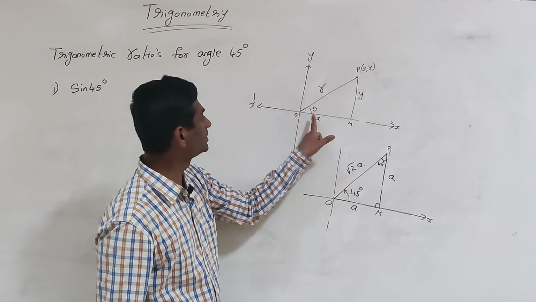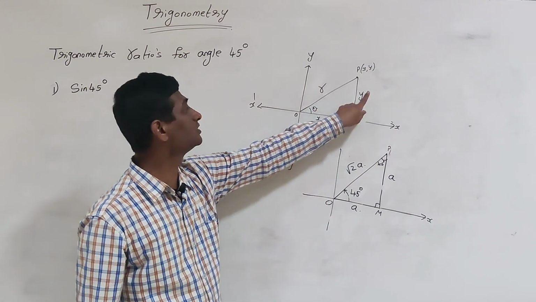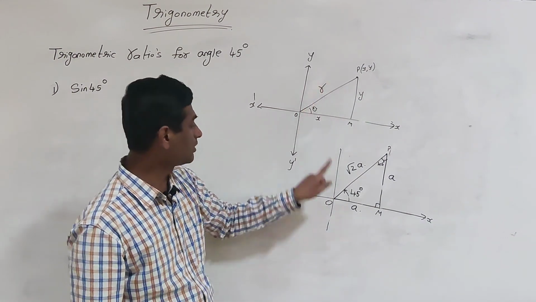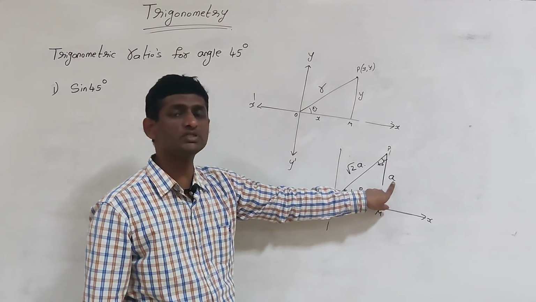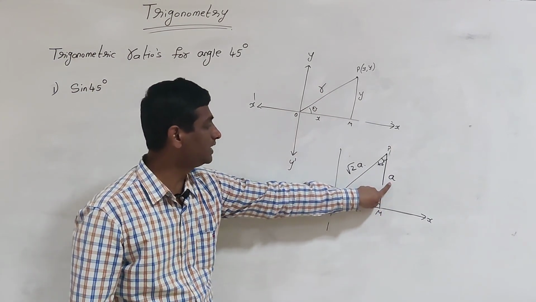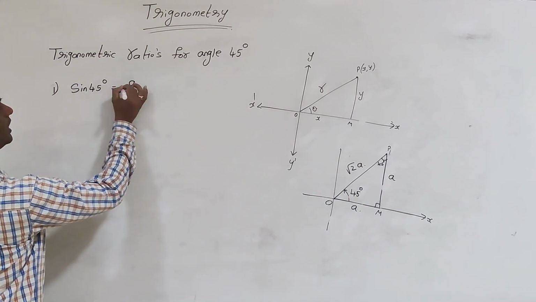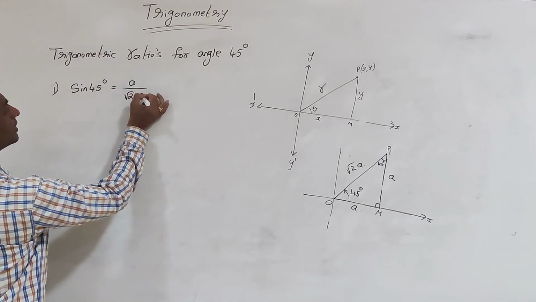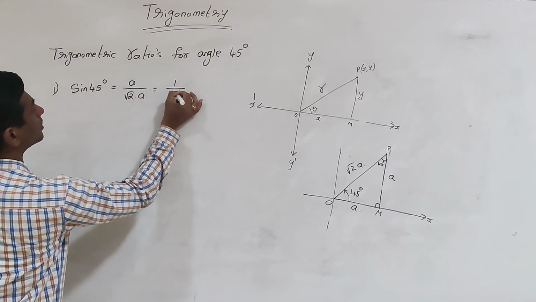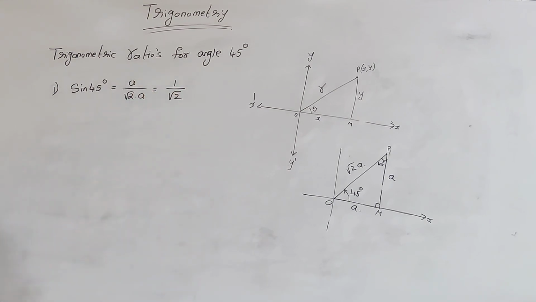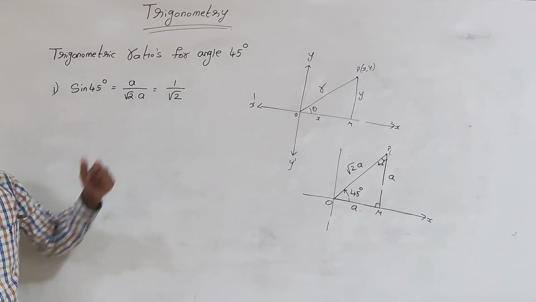For this theta, sine theta is y by r. Now sine 45, the opposite side of 45 is this side, by hypotenuse. Sine 45 is A by root 2A, which will be 1 by root 2, as A gets cancelled. So sine 45 is 1 by root 2.